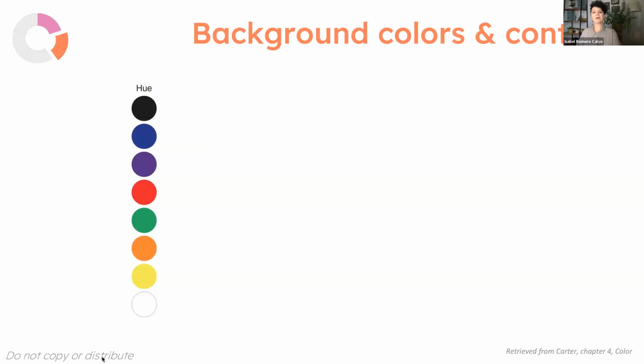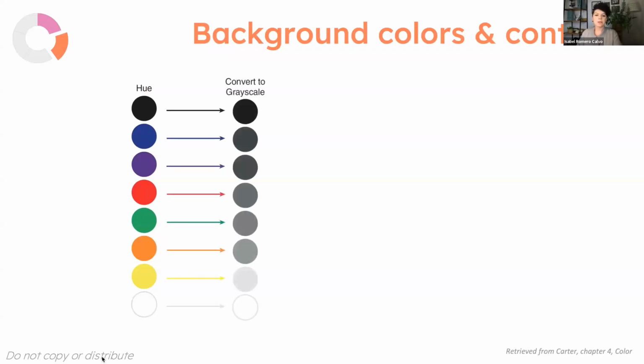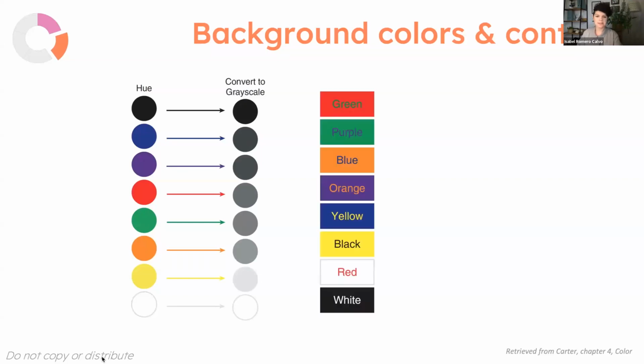We cannot leave the color section again. There's a lot to talk about color. That's why it's my favorite area. But we cannot leave this section without mentioning background, because it really matters. And it not only matters for the data itself, but for the labels that we put on the data. So if we transform the hue that we have on the left to a black and white scale, we will understand why in the boxes that we have here, there are some problems.